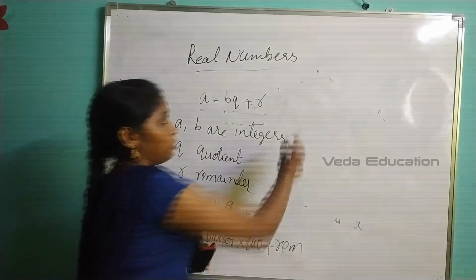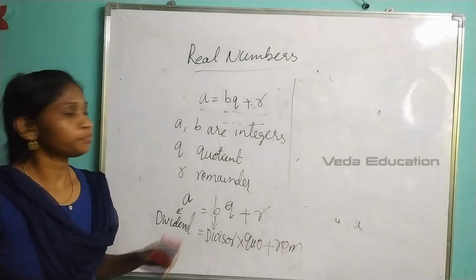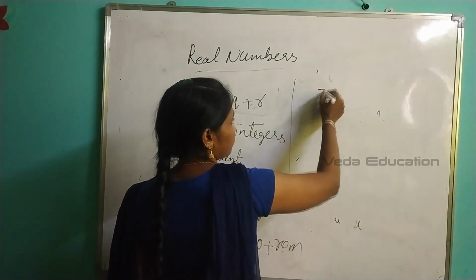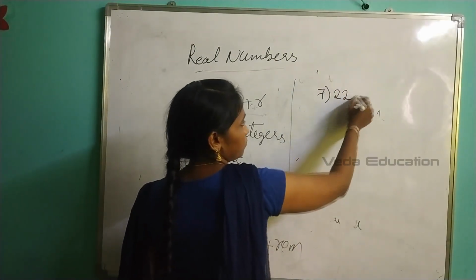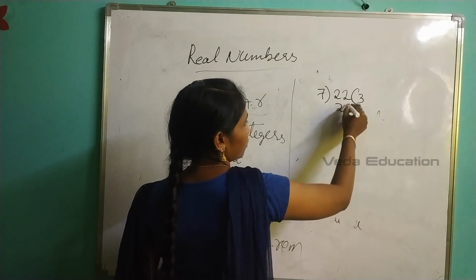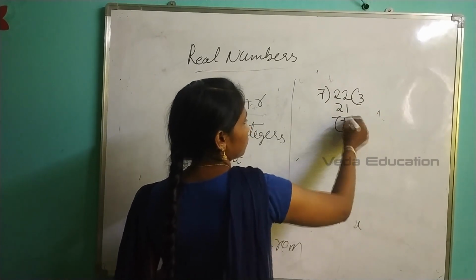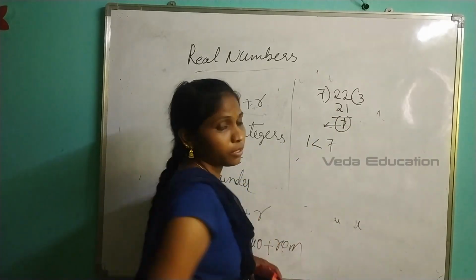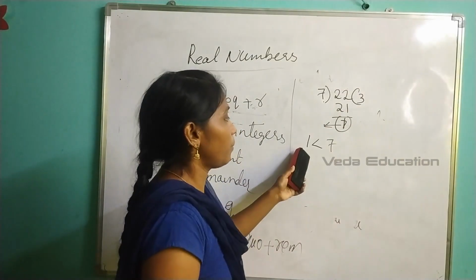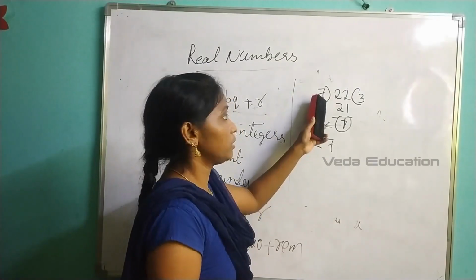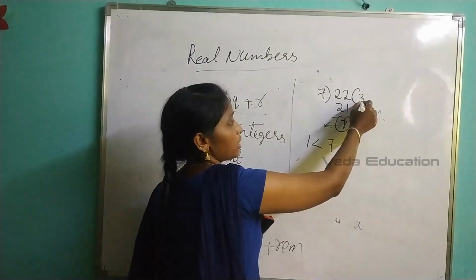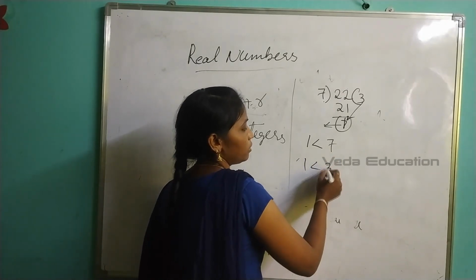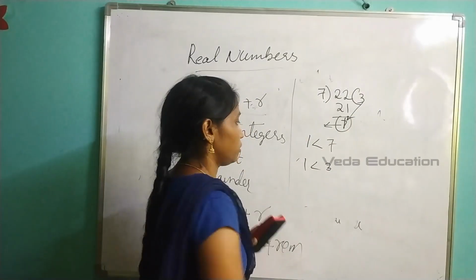To apply this formula we have some conditions. Look here, just now we did this division. One is always less than 7. That means the remainder is always less than the divisor.